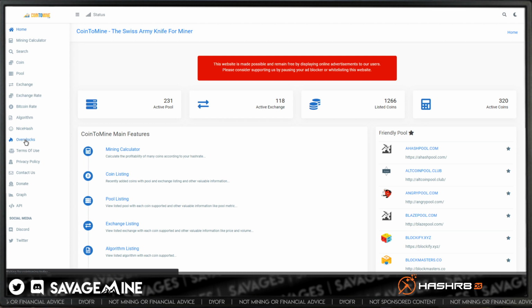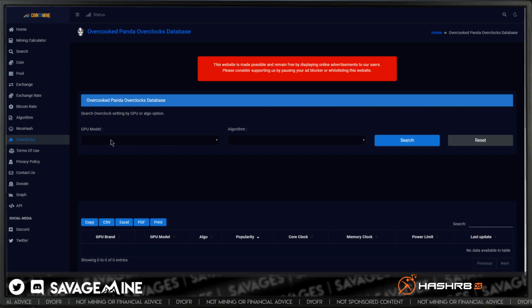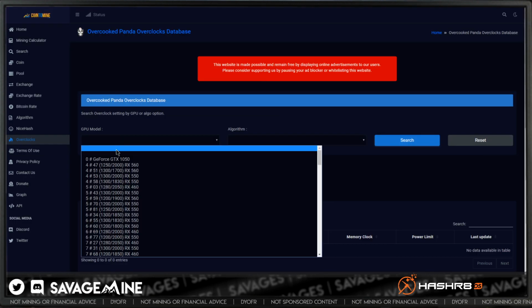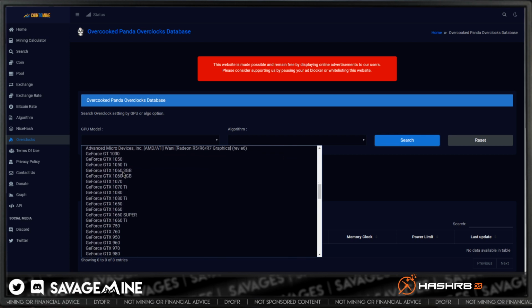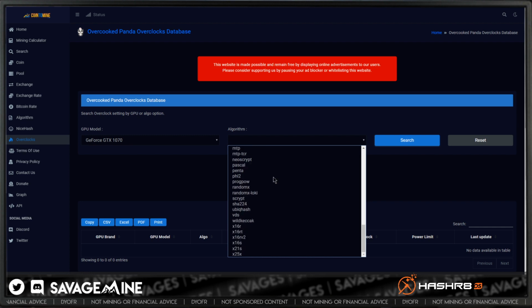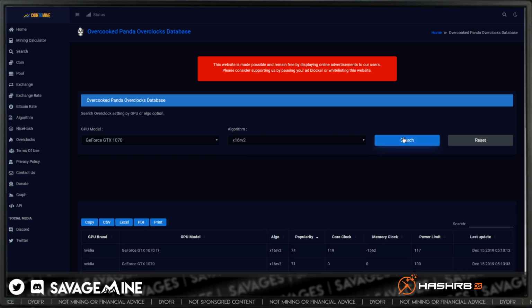If you click on overclocks, I'll turn this to dark theme. So first we will go with the first one, which is a GTX 1070. We'll change this to 1070, algorithm X16R V2, and then search.